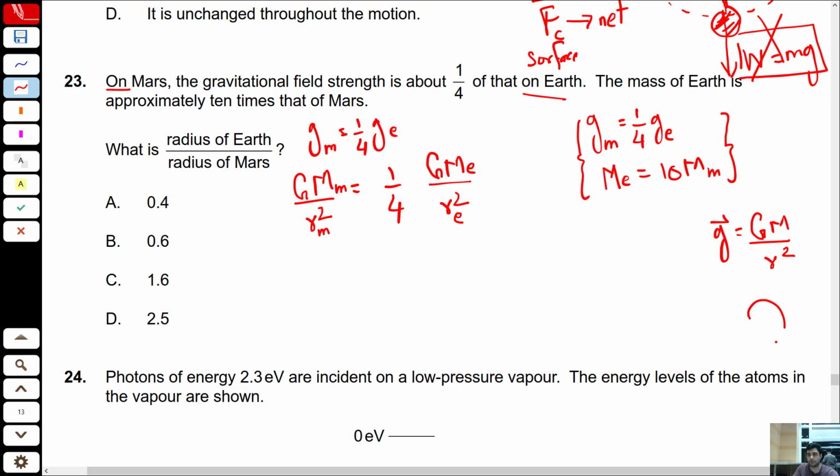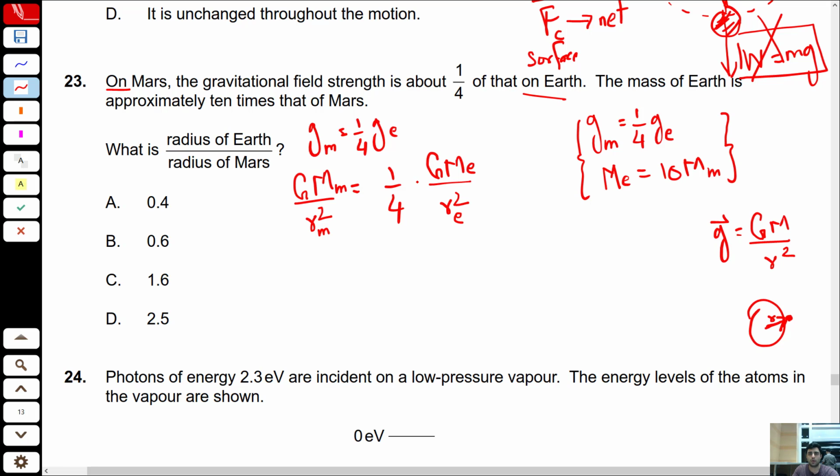So this is a planet. If you are measuring gravitational field strength at this point, you're actually measuring it at the distance of r, which is equivalent to the radius of that planet. So r just becomes the radius of the planet because we are measuring at the surface, a radius distance away from the center of the planet.